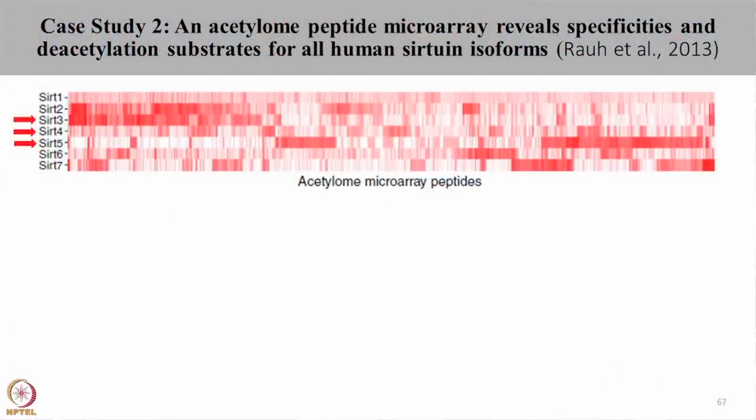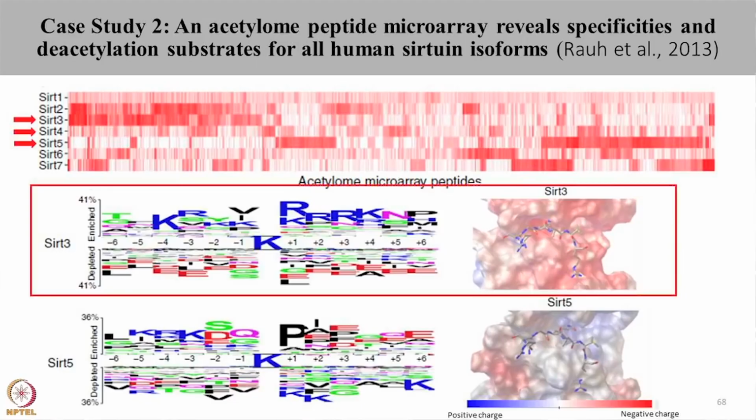Coming to the other isoforms of sirtuins, that is 3, 4 and 5, which are located in the mitochondria. Here also you can see that there is a huge change in the preferences of the peptides that are selected by all the 3 different isoforms. In this you can see that the peptide binding groove for sirtuin 3 is highly negative.